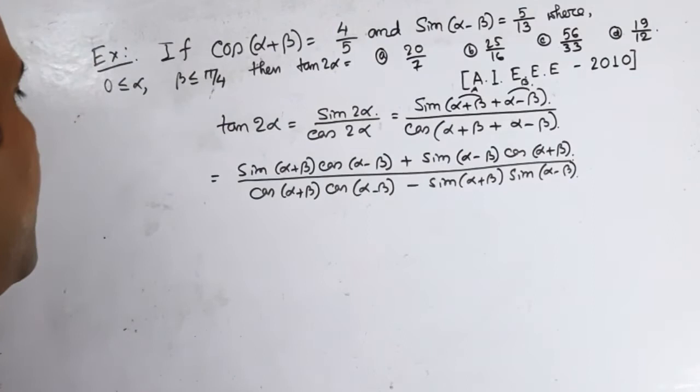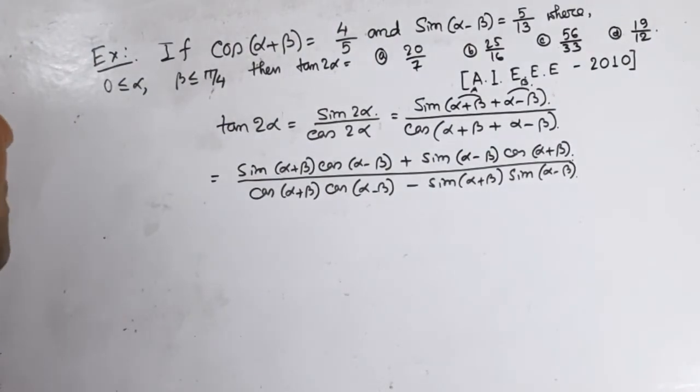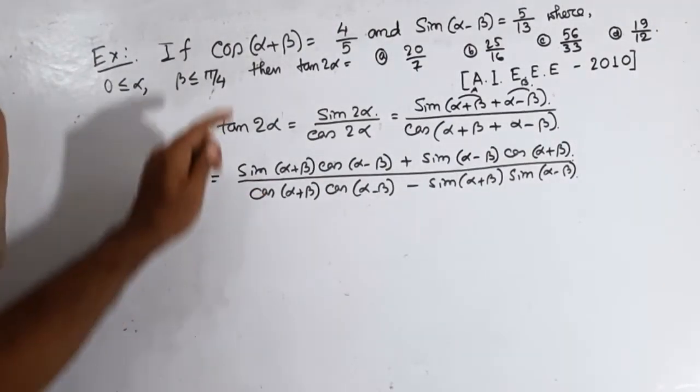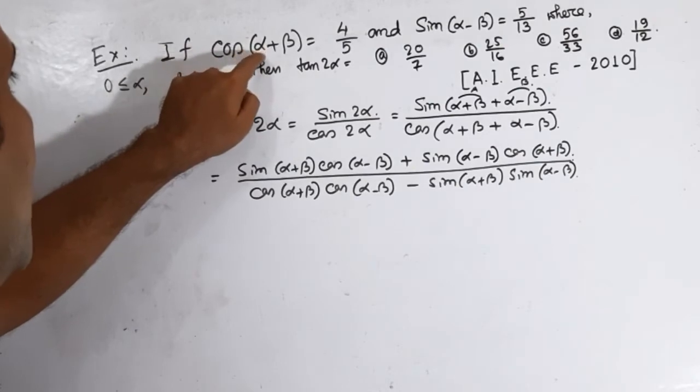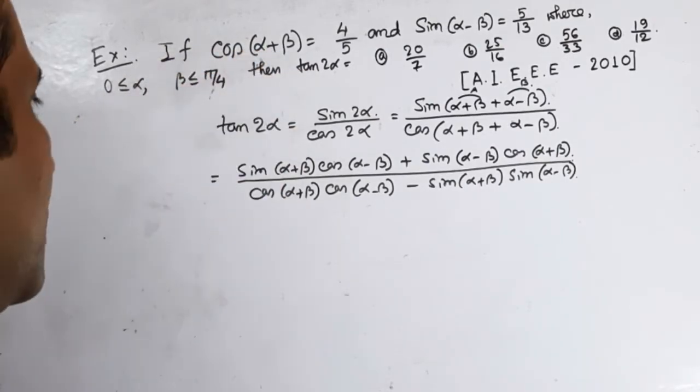Then for sin(alpha plus beta), you have the value of cos(alpha plus beta).